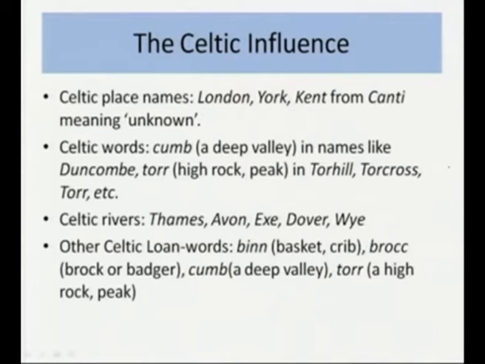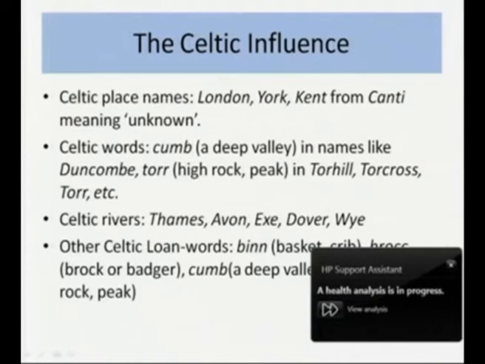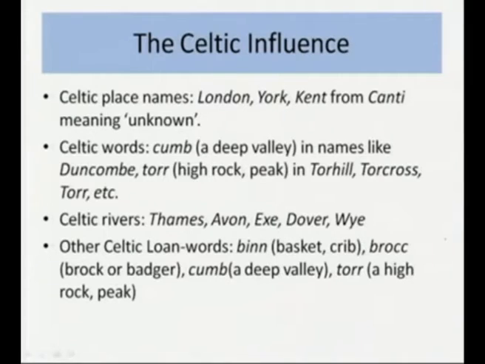For instance, Celtic place names, and I am going to go through this list here. If you look at the slide, Celtic place names like London, York, Kent, which is from Canti, meaning unknown.